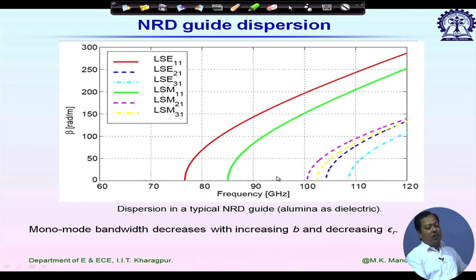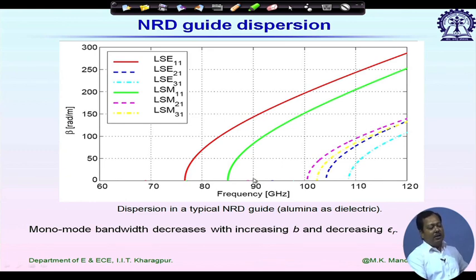So, the monomode bandwidth for LSM will be higher, and for LSM we are not expecting any LSE mode generation. Why? I said that they are orthogonal to each other.